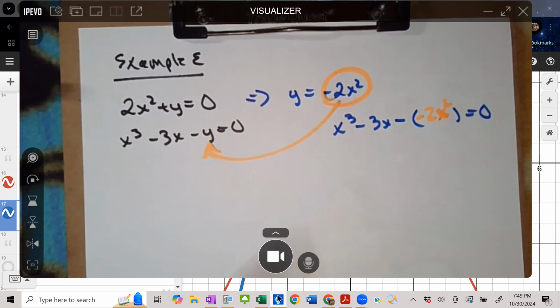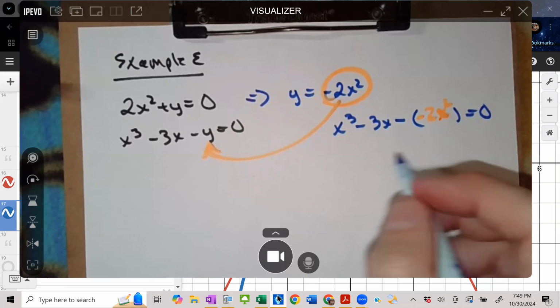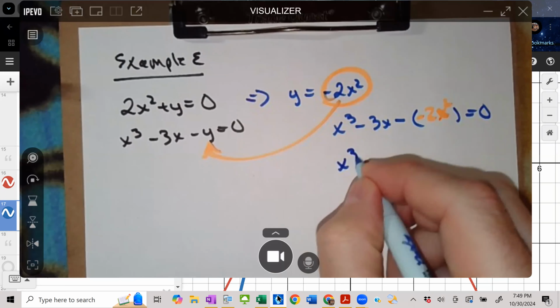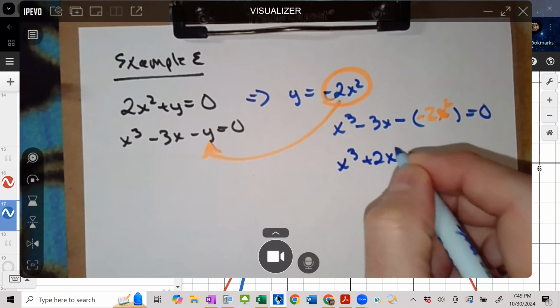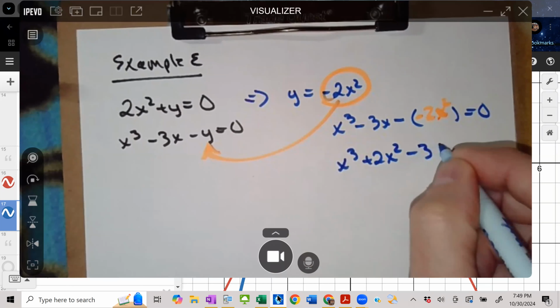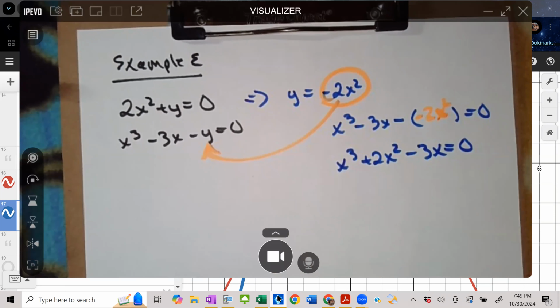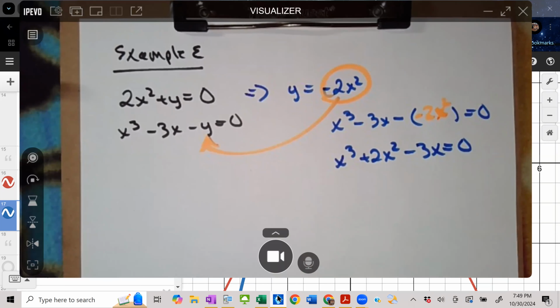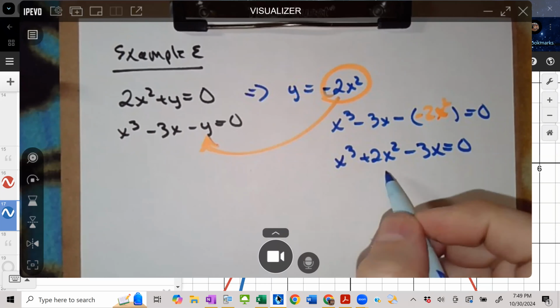That double negative becomes a positive, and I'll rewrite it like this, x cubed plus 2x squared minus 3x equals 0. Before you start trotting out some of your fancy theorems from chapter 3, let's look at this a different way. Can we factor this?